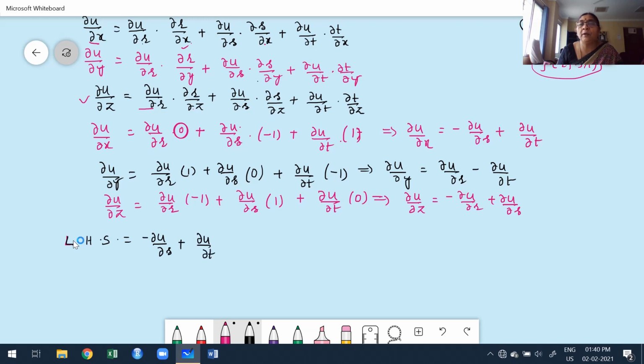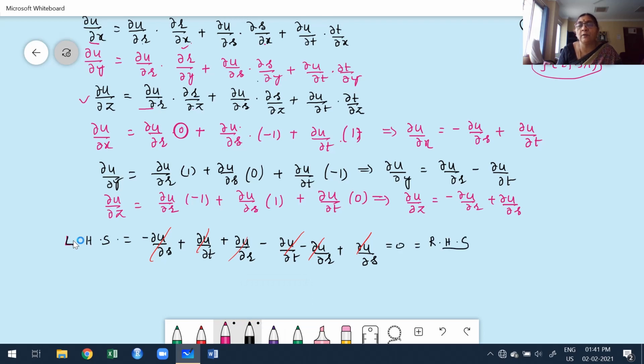What is dou u by dou y value? Plus dou u by dou r minus dou u by dou t. What is dou u by dou z value? Minus dou u by dou r plus dou u by dou s. Observe carefully, all the terms are cancelled. Minus plus dou u by dou t, minus plus, these are cancelled. What we get actually is 0. That is nothing but RHS.